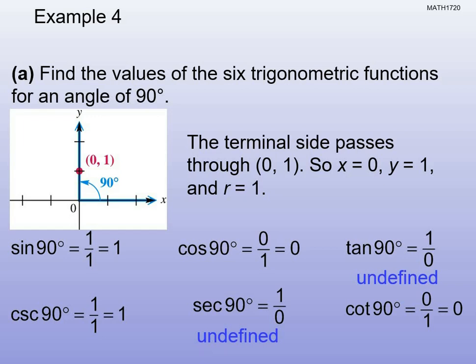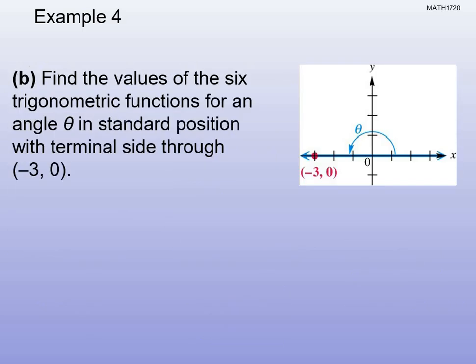I'm expecting you to know the answers to the quadrantals for 90, 180, 270, and 360. You must know those by heart as we go through, because if I take away calculators, you need to be able to solve a bunch of trig problems and calculus problems next semester as well. So let's find the values for this one.